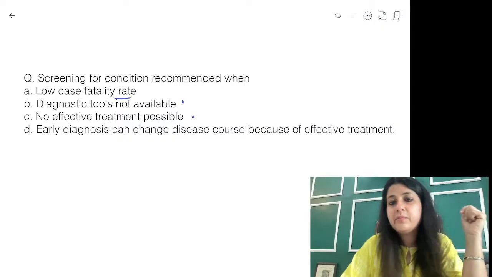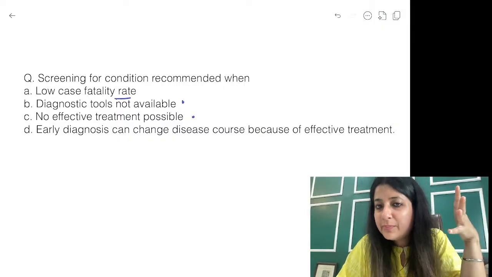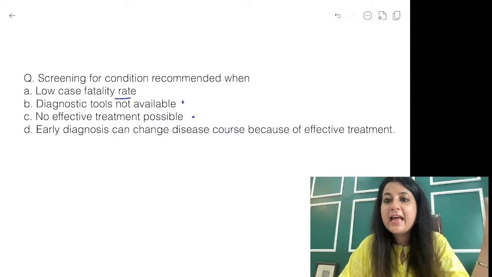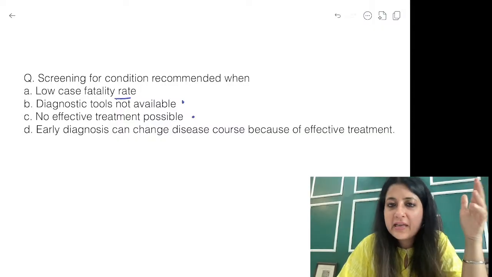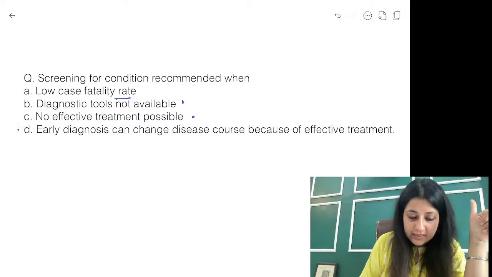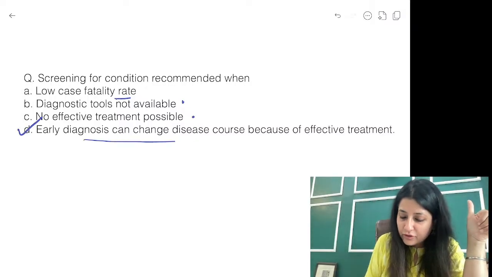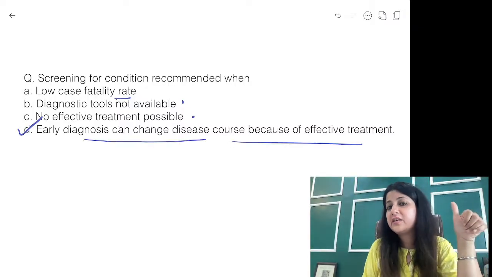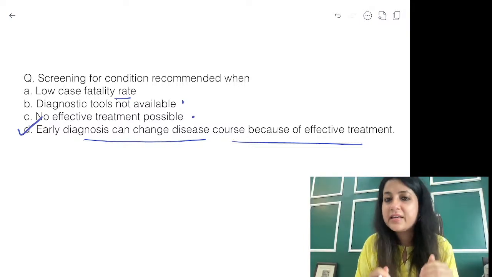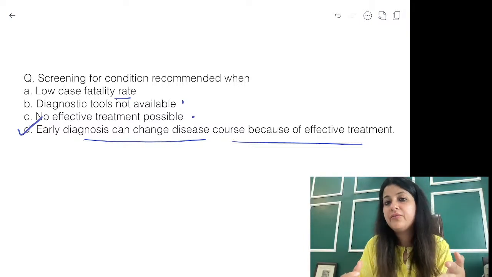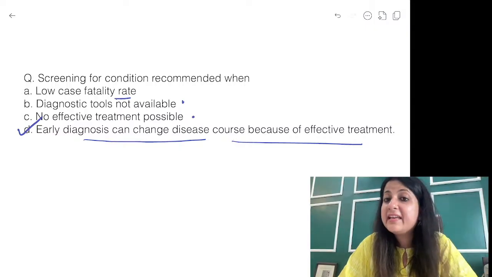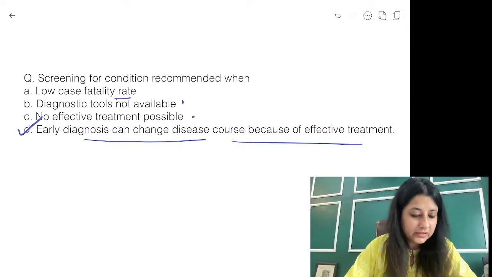No effective treatment. Now tell me, you have troubled the person so much, you tested him when he felt healthy, and now you're telling him, oh sorry, I don't have a treatment for this. It doesn't serve the purpose. So early diagnosis can change the disease course because of effective treatment. Suppose I'm able to detect cervical cancer at stage 1 and 2, and I offer treatment, I can change the course. I can prolong the survival of the person.